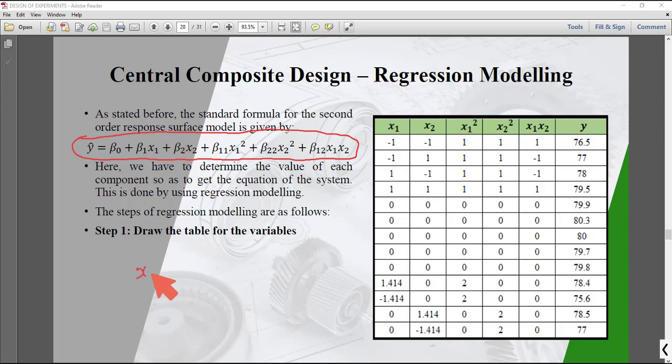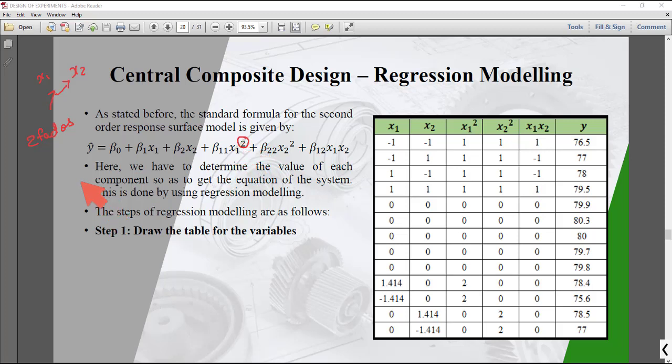There are only two factors, x1 and x2, and the maximum order is 2. This is for two factors. What are the two factors? x1 and x2. And the maximum order is 2, right?